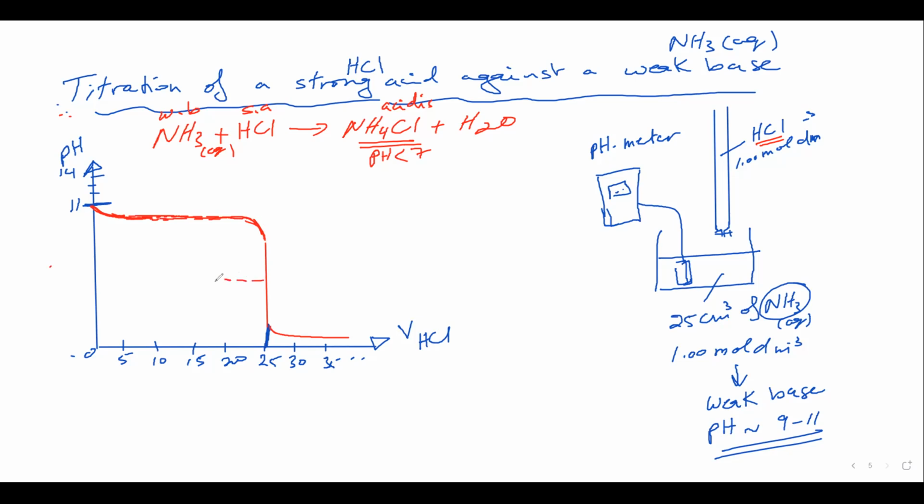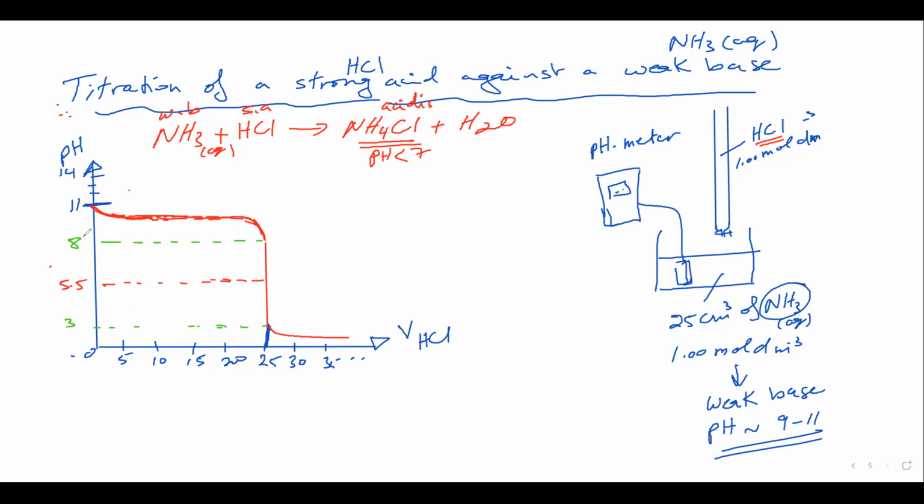That's why we will see that the pH of the neutralization will be about 5.5, and we will see that the steep line nearly starts from 8 and ends up at about 3.